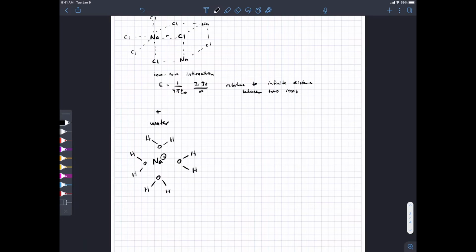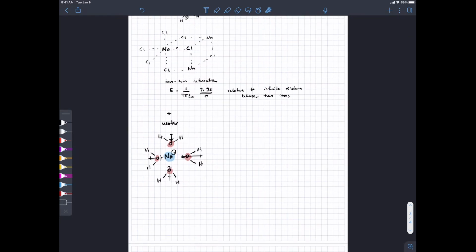This is difficult to represent in 3 dimensions, so I'm not really going to try. You have the positively charged sodium ion lined up with the negative end of the water dipoles. And so the question is, how strong is the sodium chloride ionic interaction in the crystalline state relative to being dissolved in water?